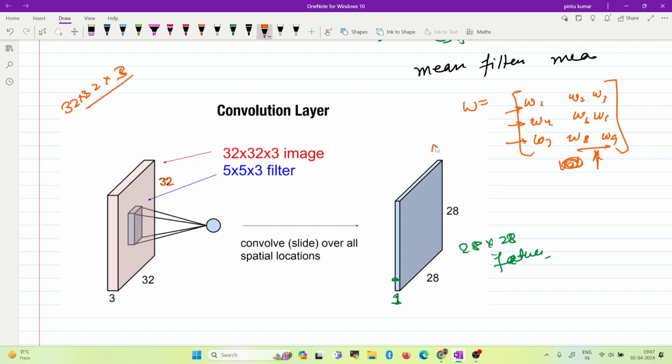And if you have only one filter, how many weights do you have to learn over here? If it is a 5 cross 5 cross 3 filter, it would be 5 cross 5 cross 3 weights. Now, if you are just at your initial layer and you have only 5 cross 5 cross 3 weights to be learned, these are very few parameters that you are learning.